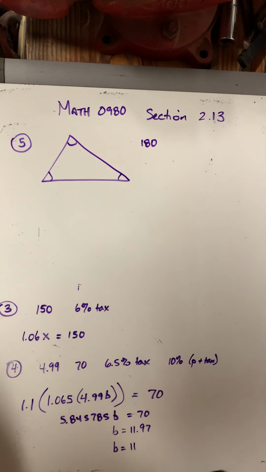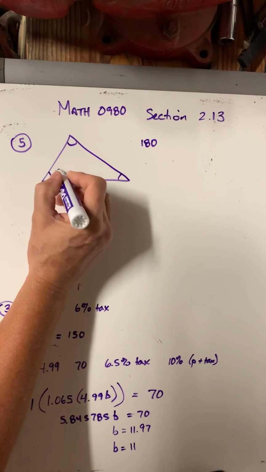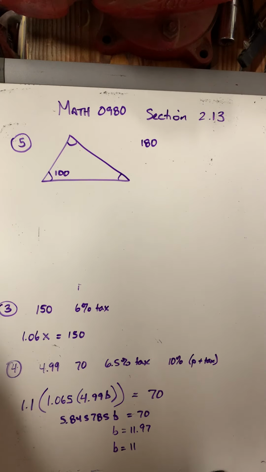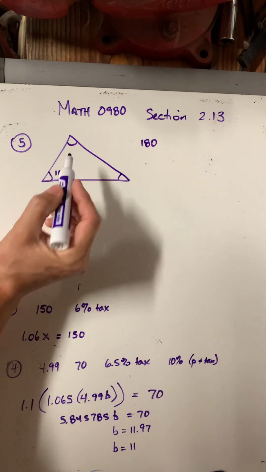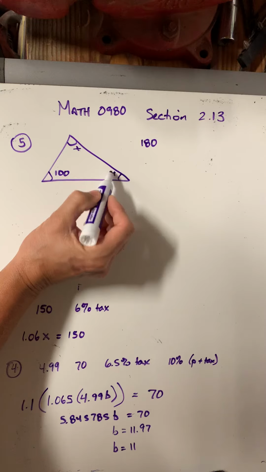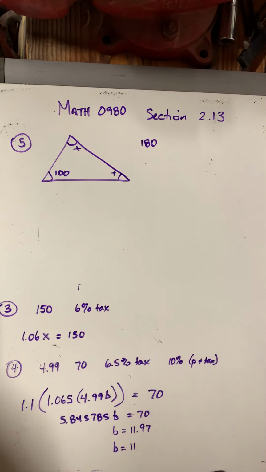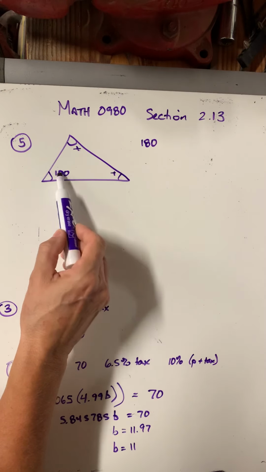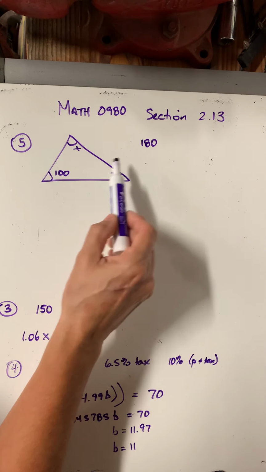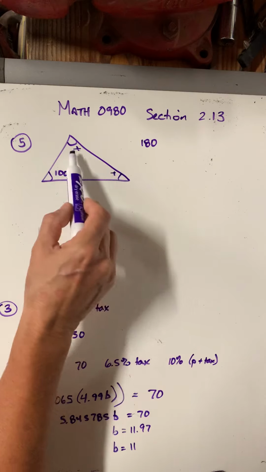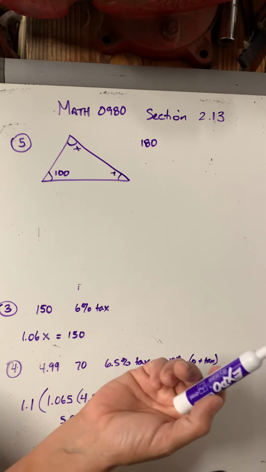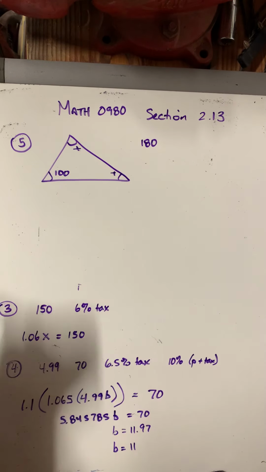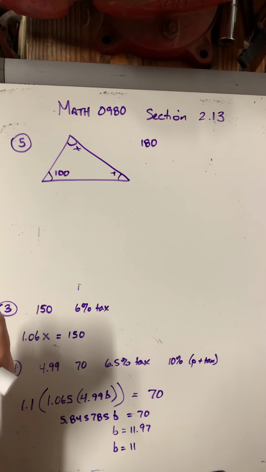Suppose that one angle is 100, so let's say this one is 100, and the remaining 2 angles are the same measure, so whatever this is the same as that. Find the measures of the angles algebraically. Now, a lot of you could just do this in your head. If this is 100 and they have the total 180, I have 80 left for these, and if they're equal, then they're both 40. But the first thing they want us to do is write the equation that can be used to solve this problem.